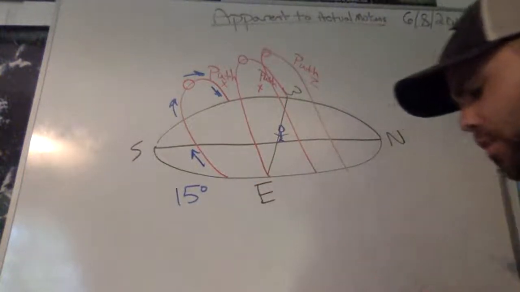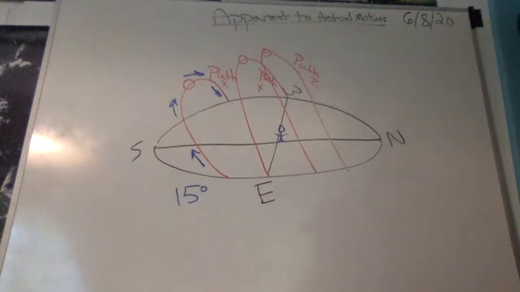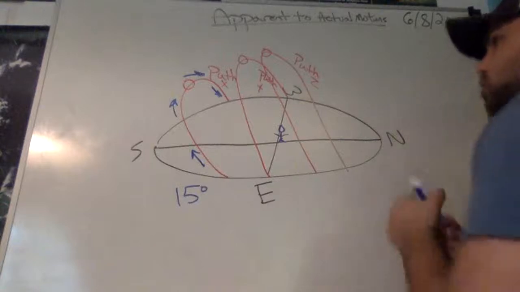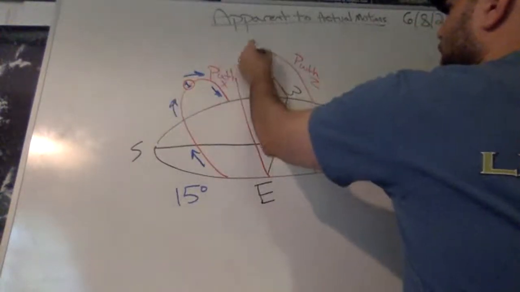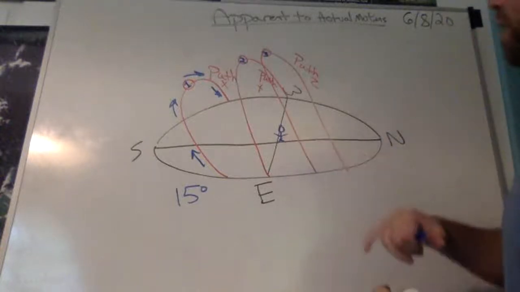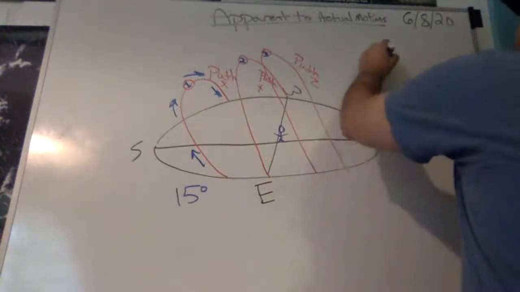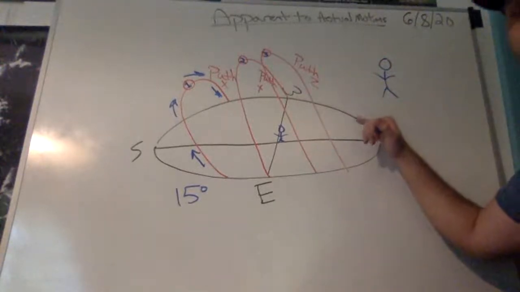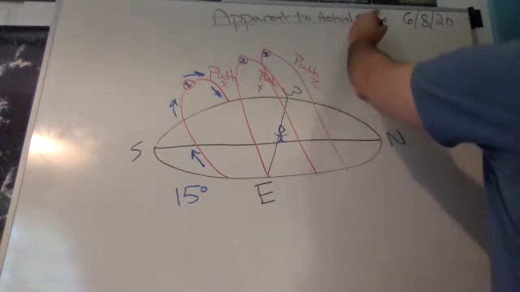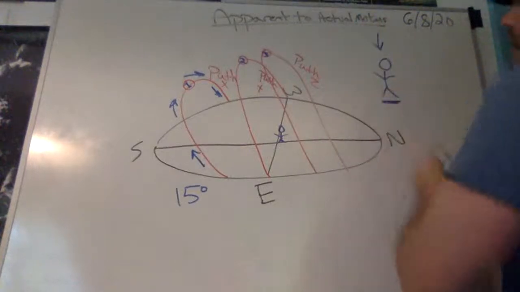Now, for number 13, which path of the sun would result in the longest shadow of the observer at solar noon? So here's our 3 paths, right? We got 1, we got 2, we got 3. And this is where you are located. Remember, if you're over here, and we're using a flashlight and shining that flashlight over your head, you're going to have a small shadow.